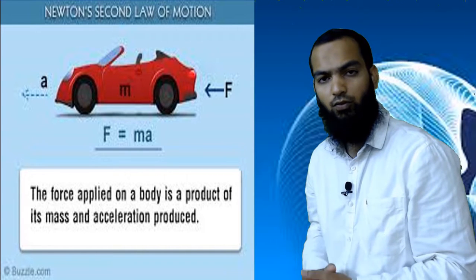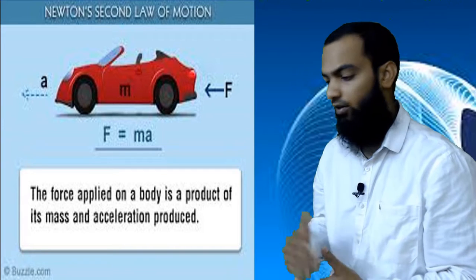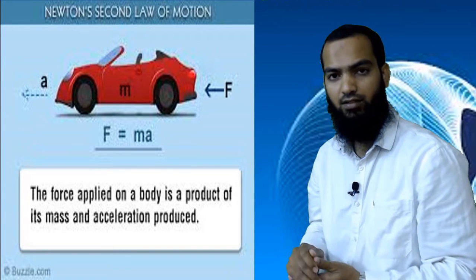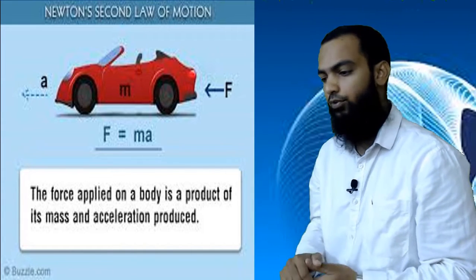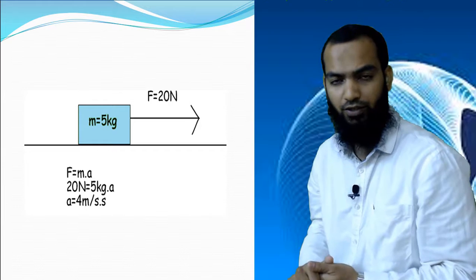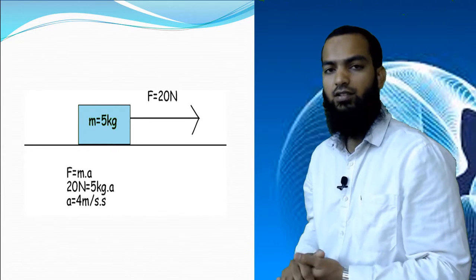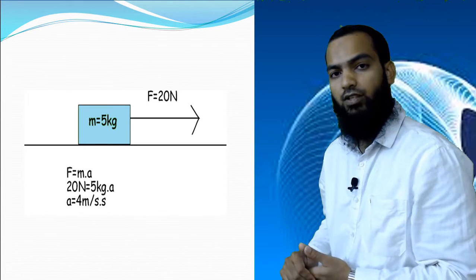So if we know the two variables, mass and acceleration, we can find the force. Or else I can say that if we know the force and the mass, we can find the acceleration. For example, force is equal to 20 newtons and mass is 5 kg in this example. A is equal to 20 divided by 5, which is equal to 4 meters per second squared.